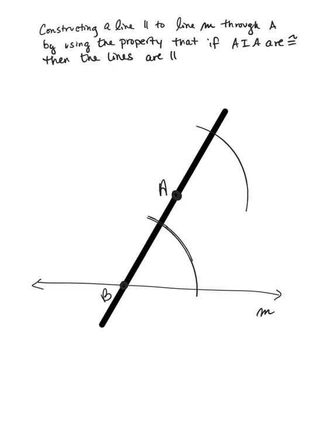Okay, I'm actually doing this not through AIA or congruent. I will change that in a moment to corresponding angles. Anyway, so what I did is I centered my compass on B, swung the arc, centered my compass on A, swung the arc. So then I'm going to go to one of these intersections.